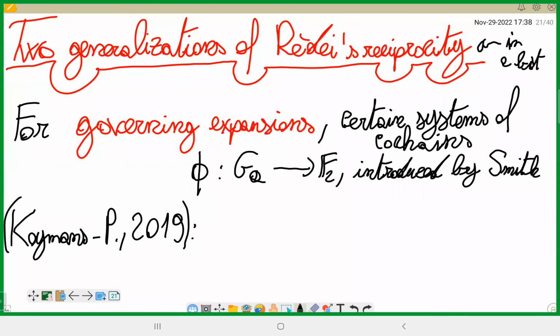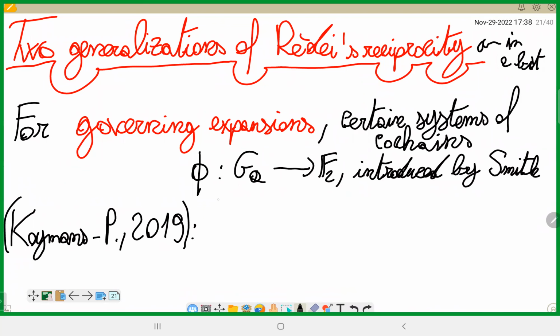For certain objects, which I will also introduce soon, called governing expansions, introduced by Smith, we proved a reciprocity law, and these governing expansions are the key tools that he used in the algebraic part of his work.